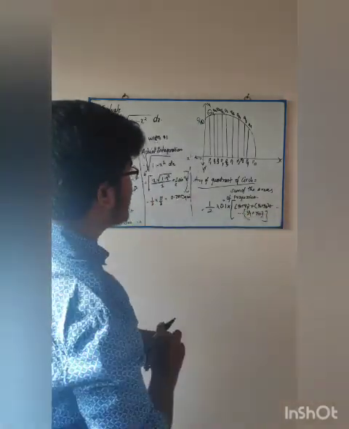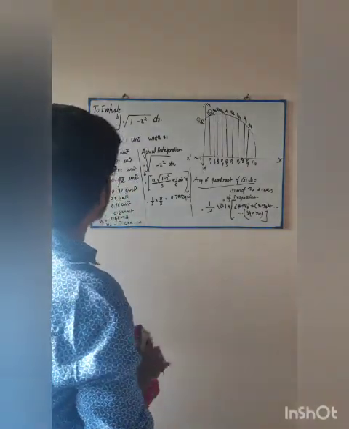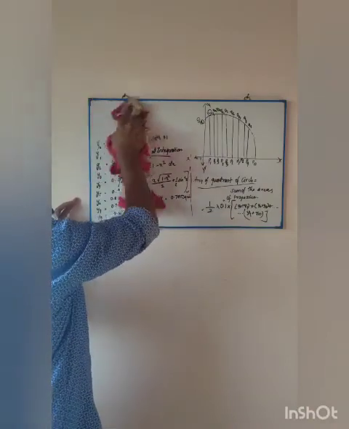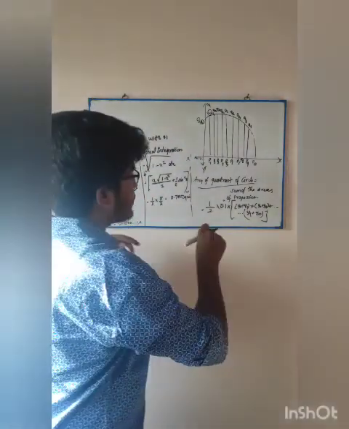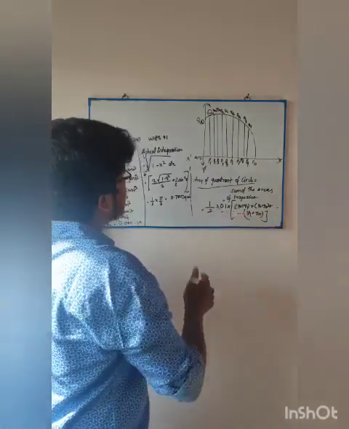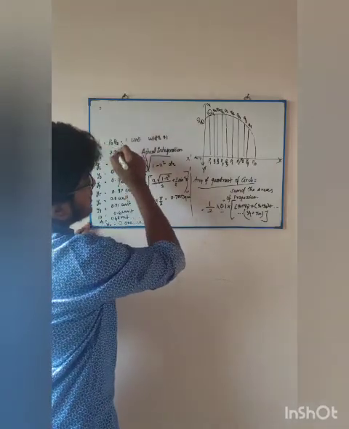So when we add these values, 0.1 is the width of the trapeziums.